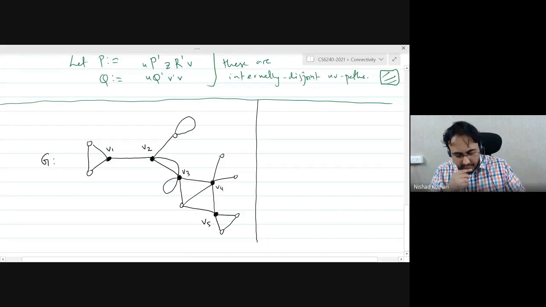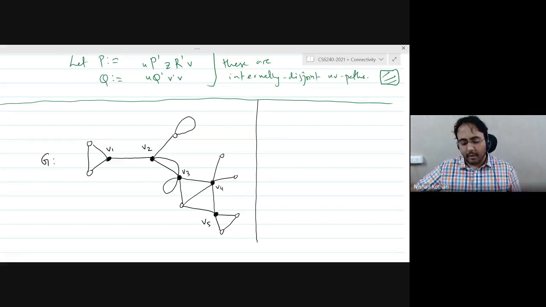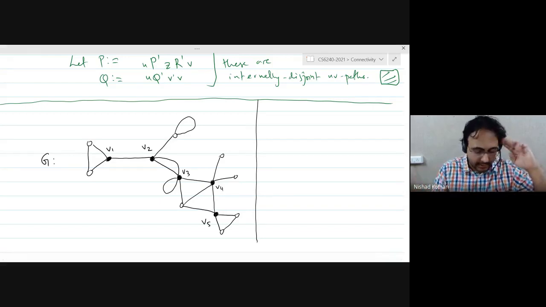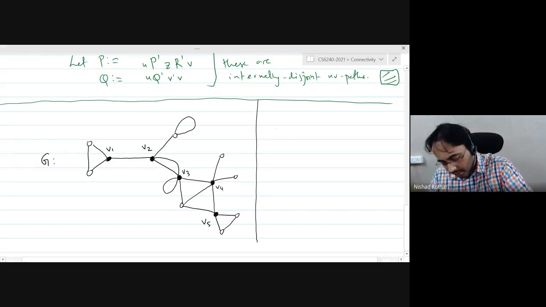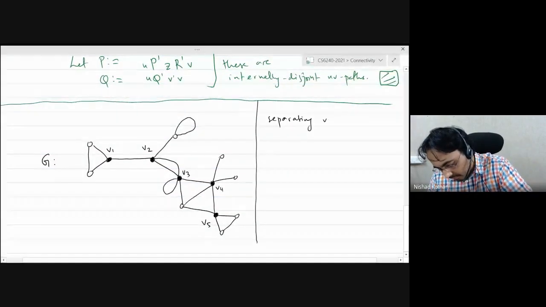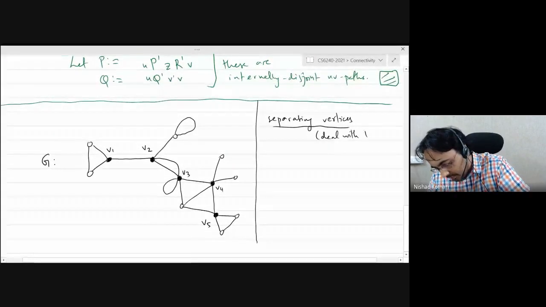But I want to define a related concept which is more useful when you allow loops in a graph. And if you want the theory to work for graphs with loops, you need to introduce a slightly more general definition. So we are going to introduce a generalization of cut vertices called separating vertices. And the main point is to deal with loops.